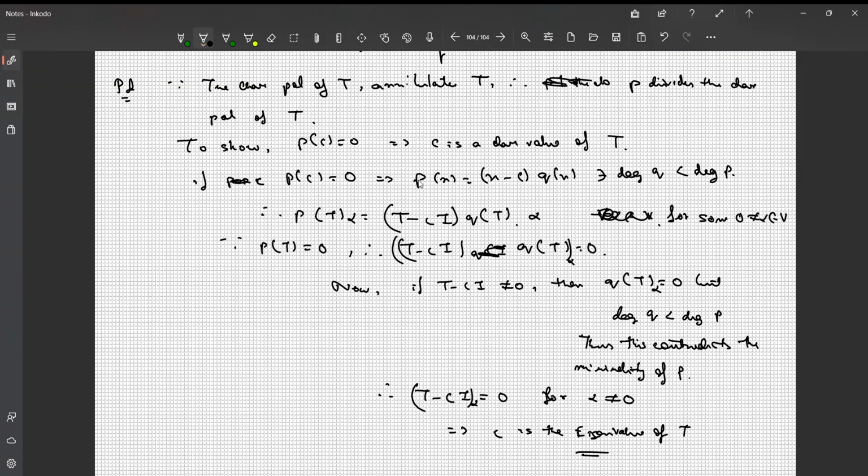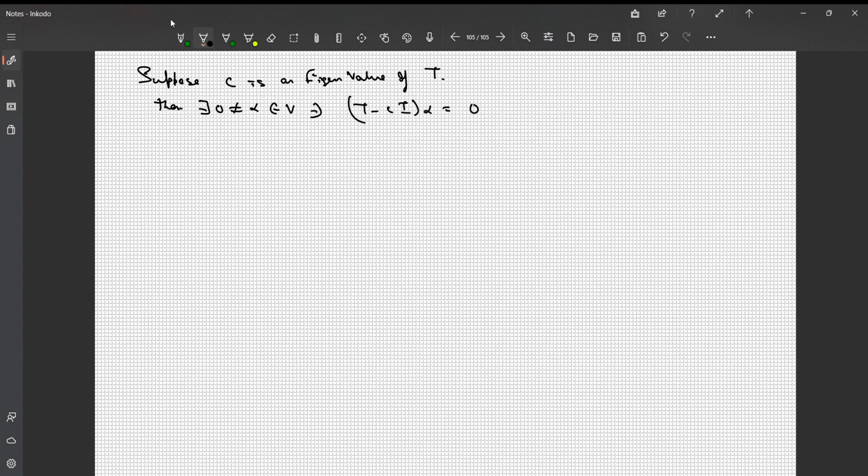Now, can we prove the converse, that if C is an eigenvalue, then it's a root of the minimal polynomial? Can we think of that? So let us take that as well. Suppose C is an eigenvalue of T, then there exists a non-zero vector alpha in V such that T minus Ci of alpha is equal to 0.